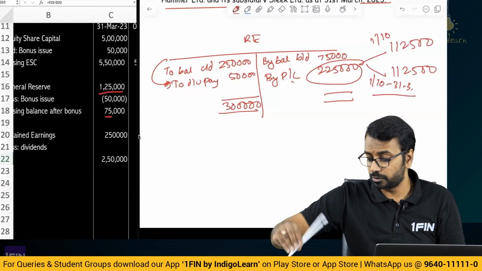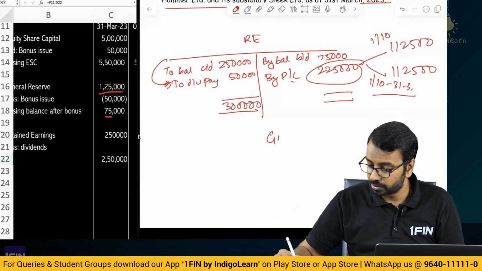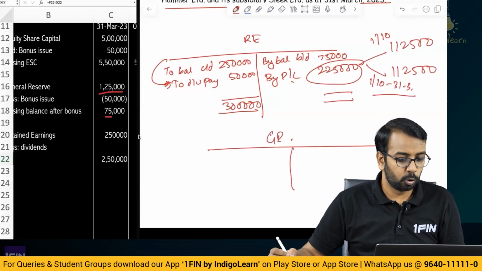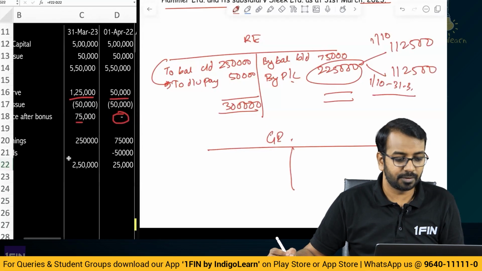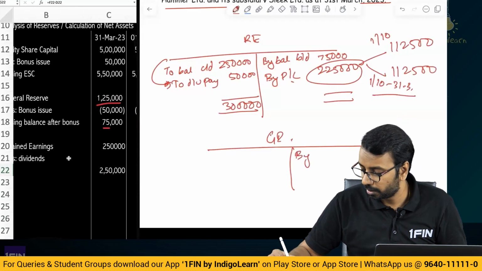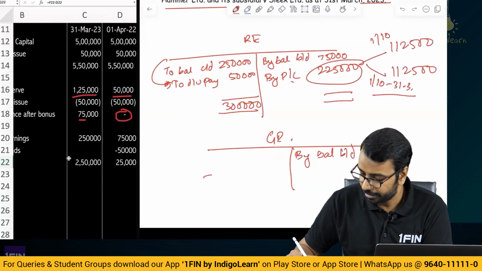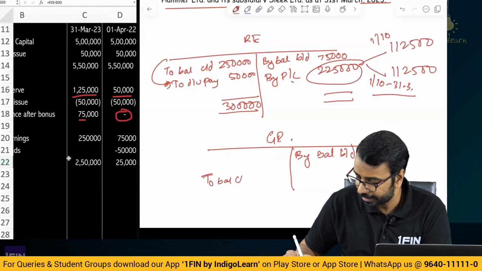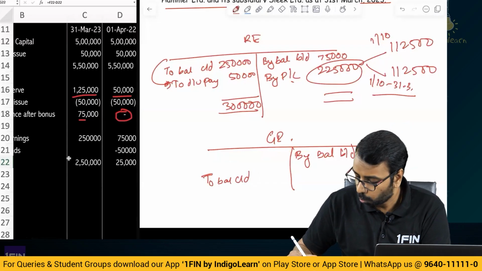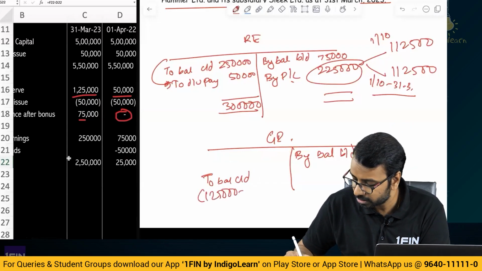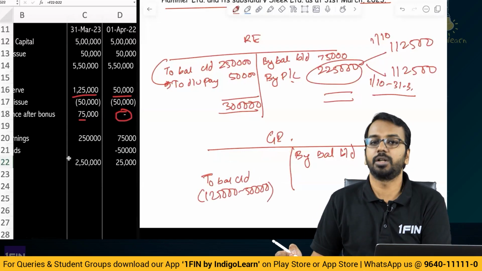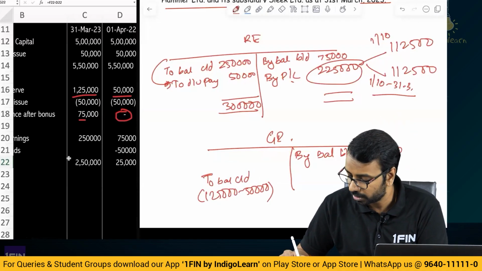Same thing in case of bonus also. General reserve, if you see, the opening balance what they have given general reserve is 50,000. So by balance brought down 50,000. Then to balance carried down, how much is the balance carried down? 1,25,000 minus 50,000. Sir, but they have given only 1,25,000 in the balance sheet. See, we have not given this adjustment.